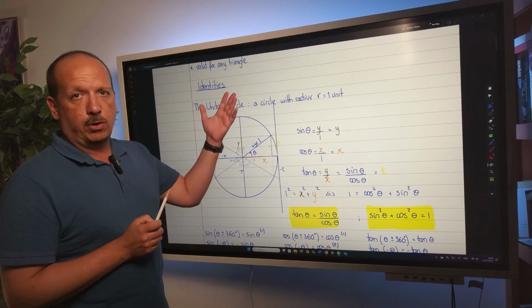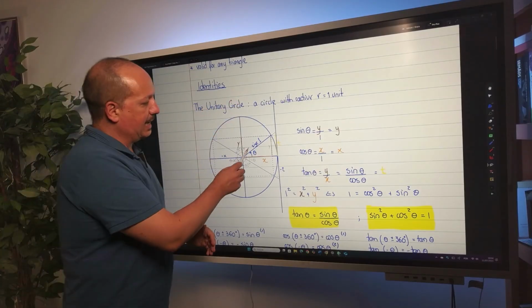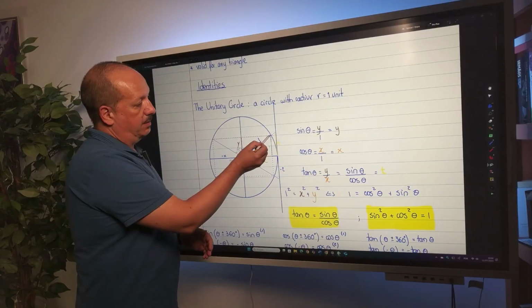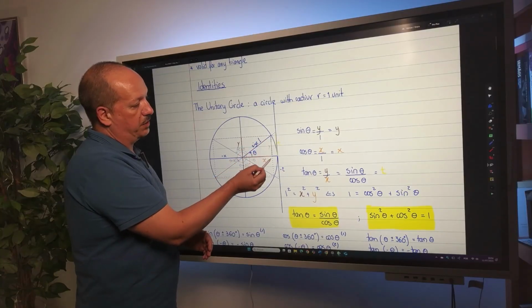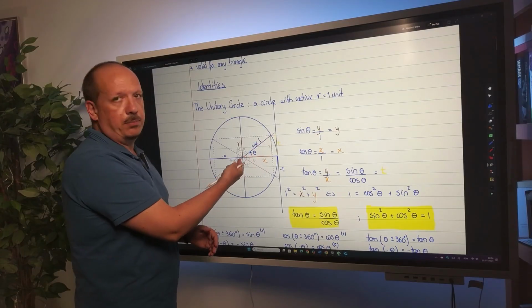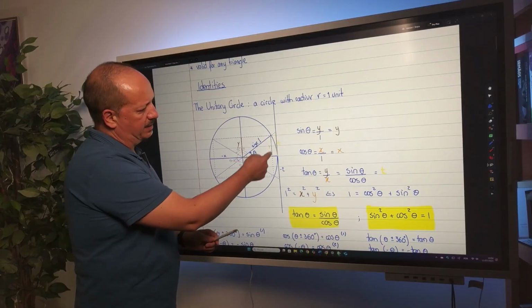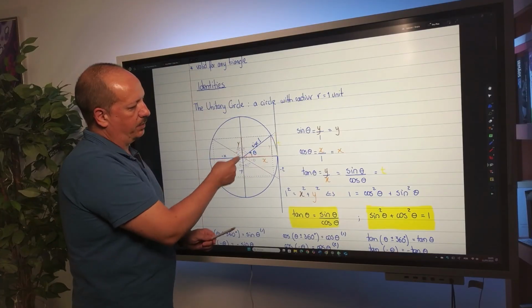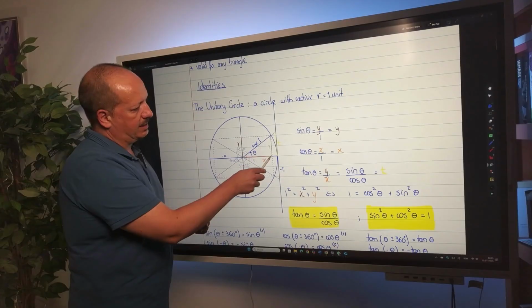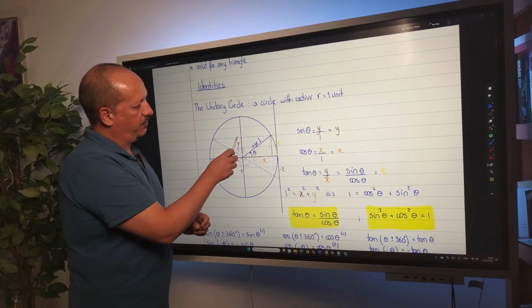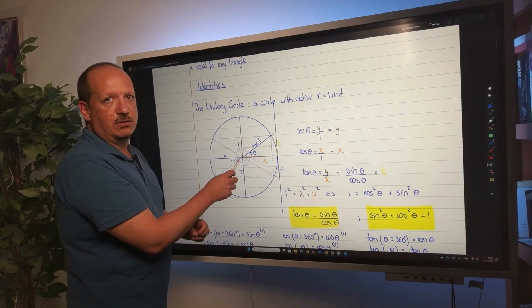Well, you know from previous years that the sine of this angle is determined by the size of the opposite side to it, this over here, divided by the hypotenuse. Now, how big is this? This is as big as that over there, right? The size of this vertical line over here is the value of y over here, right?